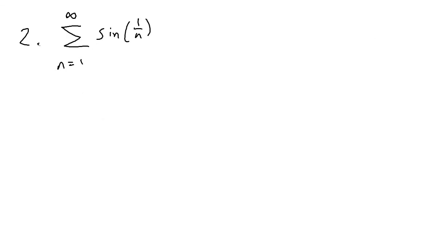Now for number 2, we have the series from 1 to infinity of sine of 1 over n. Now this is a little bit tricky at first, but it will help if you can graph it on your calculator. If you look at the graph of sine of 1 over x from 1 to infinity, notice how this is close to the graph of 1 over x in some parts, which tells me that I don't even have to worry about the sine.